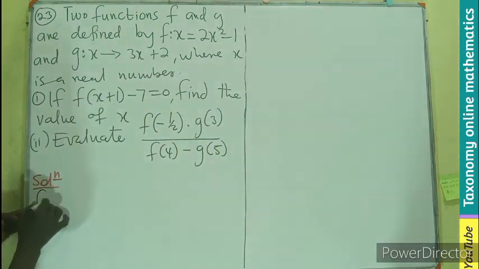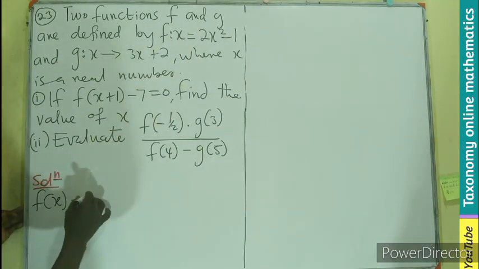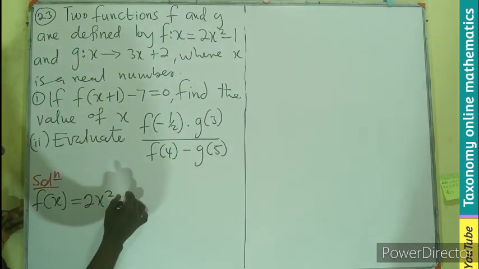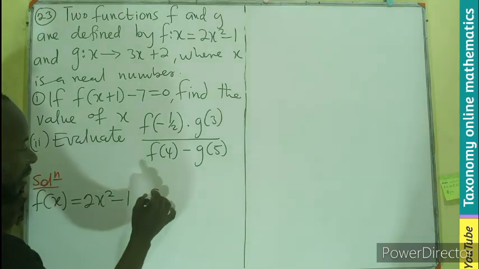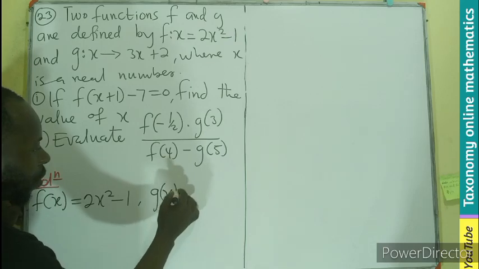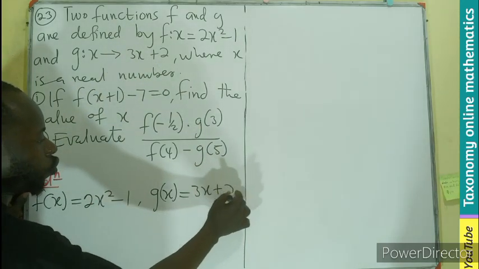We know the function f of x can be written as 2x squared minus 1. Let's take g of x also equals 3x plus 2.